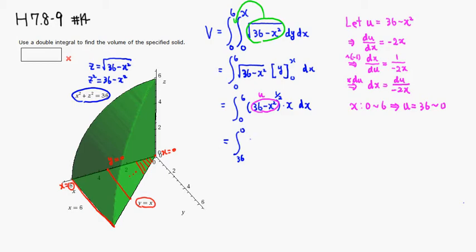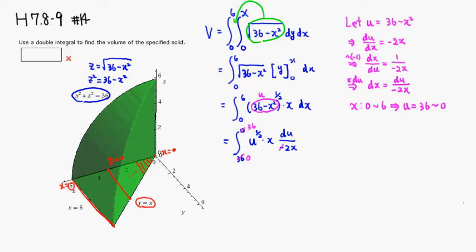Then you have u to the 1/2 power. I'm going to leave x as it is, but dx is du over negative 2x. One thing we can do is use this negative sign to switch the lower and upper limits.